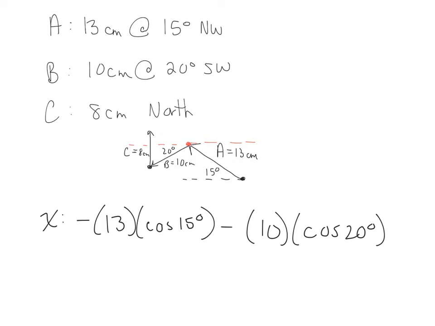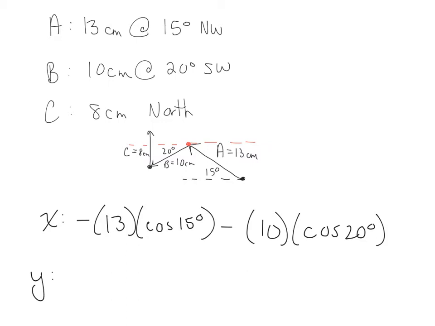So let's write down the y direction now. Vector A. Is vector A moving up or down? Vector A is moving up, so it's positive. Even though it was negative here. Remember this was negative, guys? Because it was moving left, but it's moving left and up. Up indicates positive in the y direction, so put a positive here.